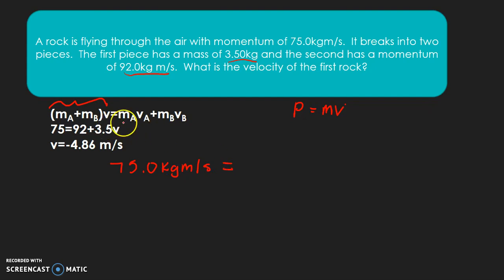And you're going to add that to, it breaks apart. The first piece has a mass of 3.5 and the second has a momentum. So a momentum again can replace an entire mass times velocity. So you have 92.0. And then add what you don't know, which is the velocity. But you do know the mass of 3.5 times the velocity.